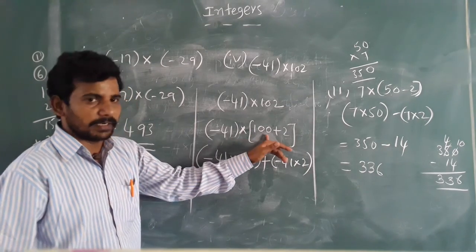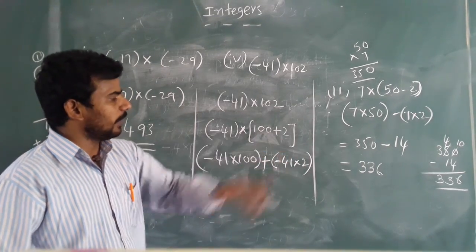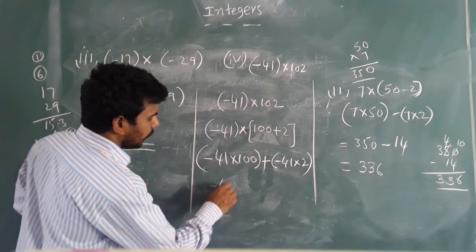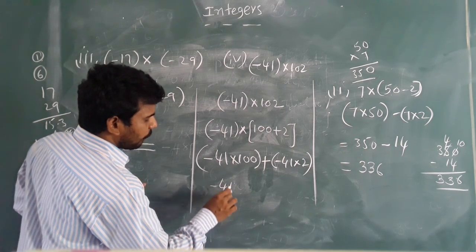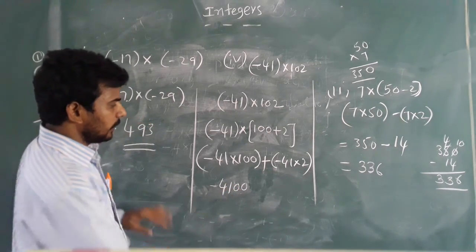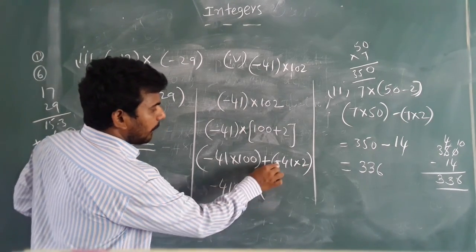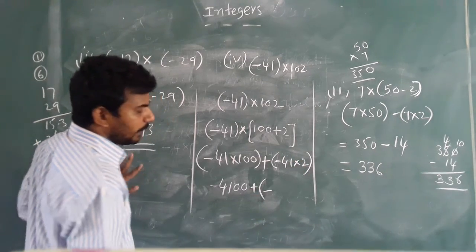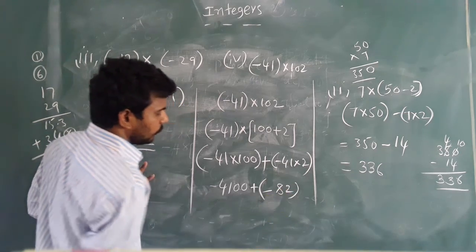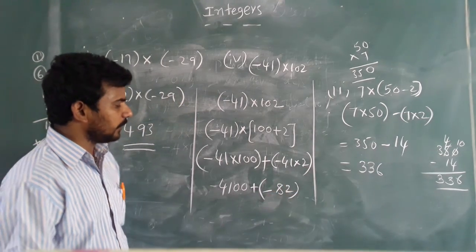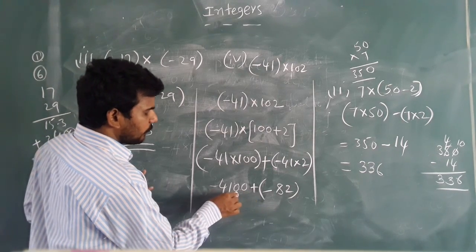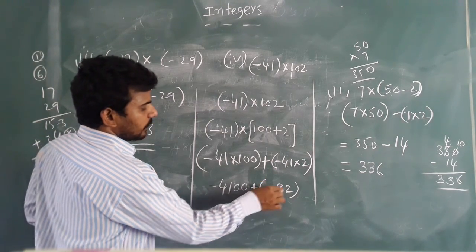Minus 41 into 100 plus minus 41 into 2. So this value, minus 41 into 100, is minus 4100. Plus minus, here plus, so the value is minus. 41 2s are how much, children? 82. 41 2s are 82. Which 82? Minus 82. So minus 4100 plus minus 82.